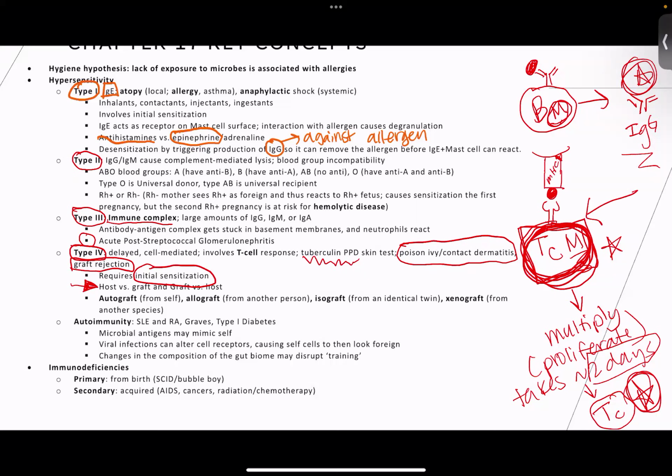If those T cells see the host cells as foreign, they will attack them and think that they are infected cells. So this is the same exact reaction, except the bone marrow T cells are going to be attacking the self cells. That is the bone marrow graft attacking the host. And we only see that in bone marrow grafts.